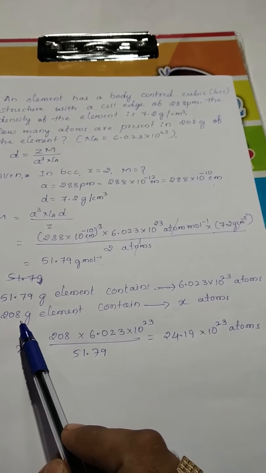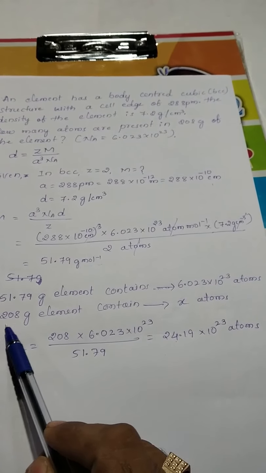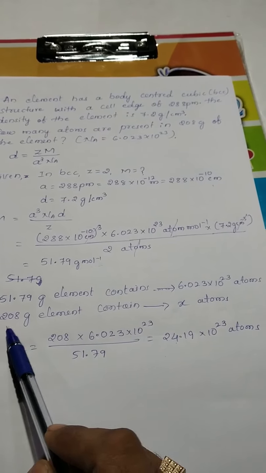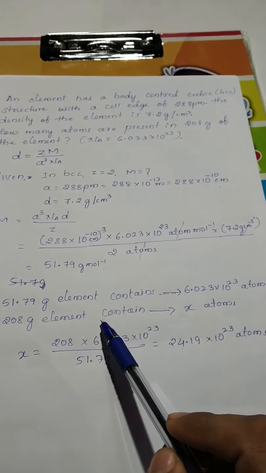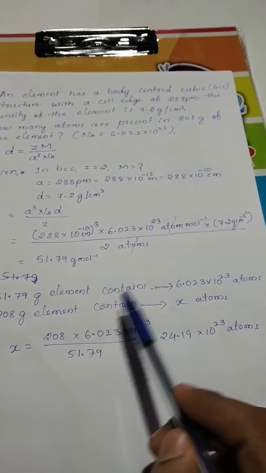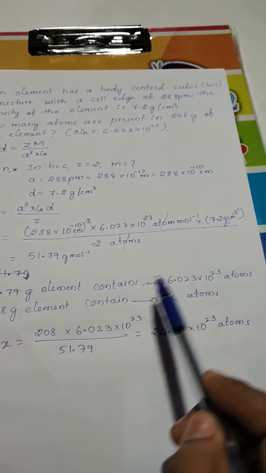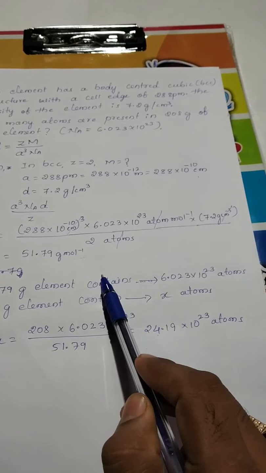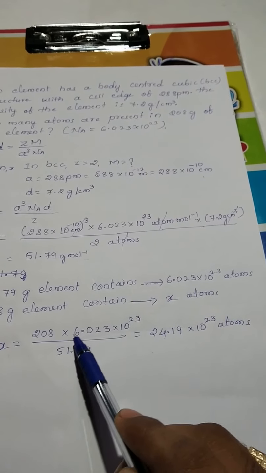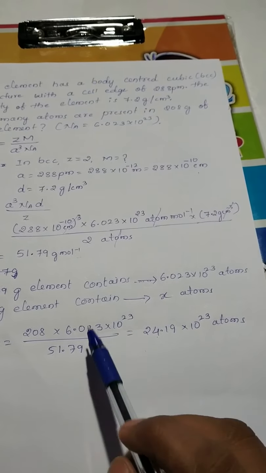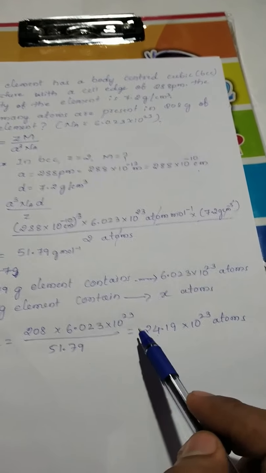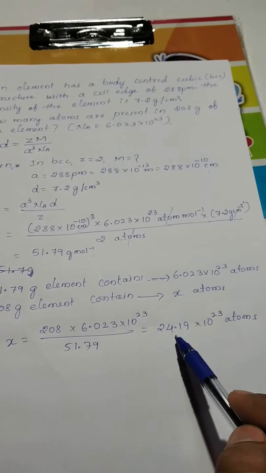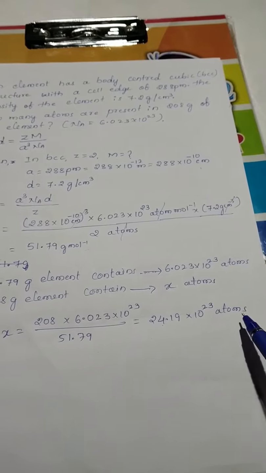They ask you to determine the number of atoms present in 208 gram of the substance. Just cross multiply this into this and this into this. Then x equals 208 into 6.023 × 10^23 divided by 51.79, that becomes 24.19 × 10^23 atoms.